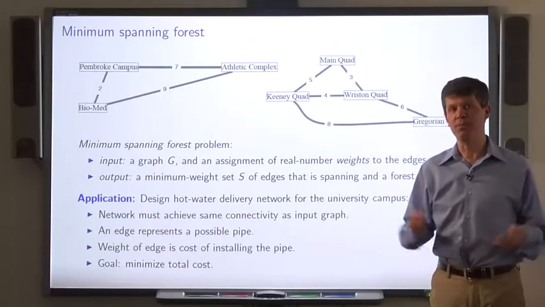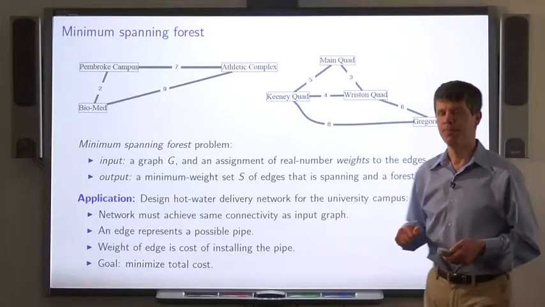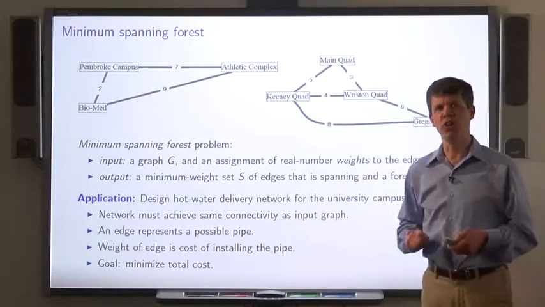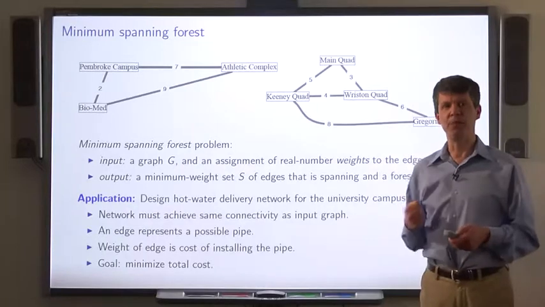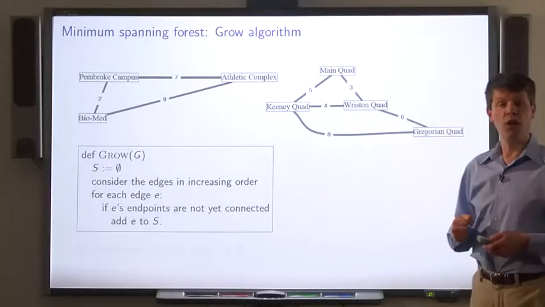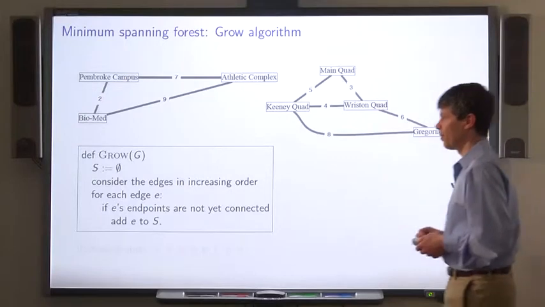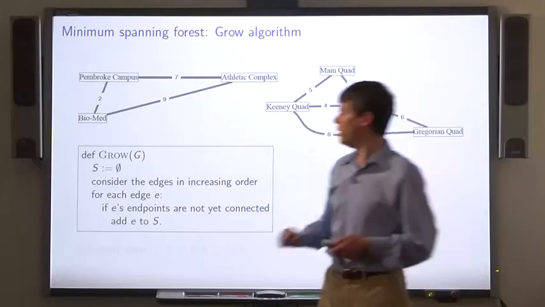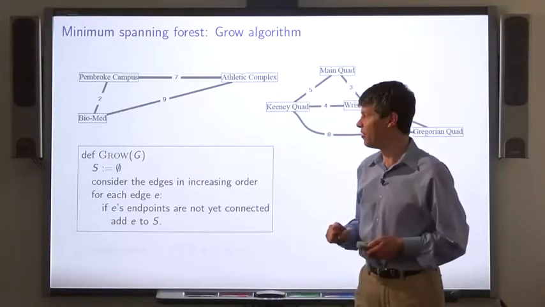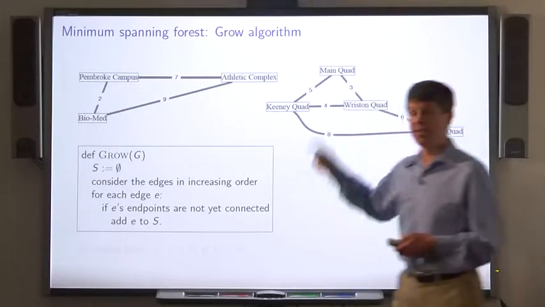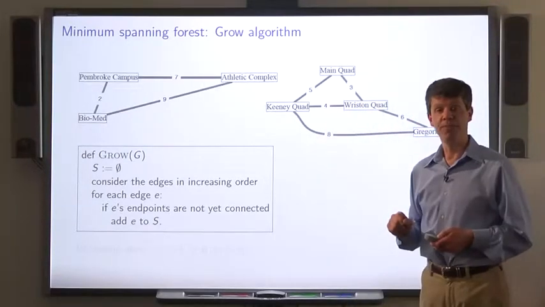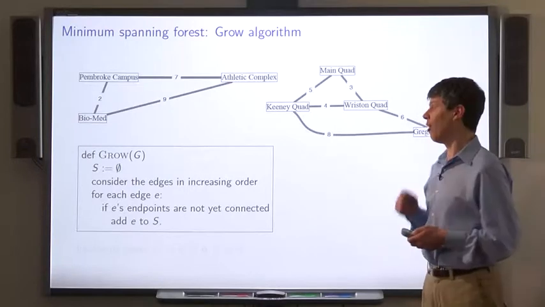Let's consider algorithms for this fundamental problem. There are two natural approaches you might take to coming up with a solution. One is called the GROW algorithm. Given a graph, start by initializing the set S to be the empty set, and consider the edges of this graph in increasing order of weight.